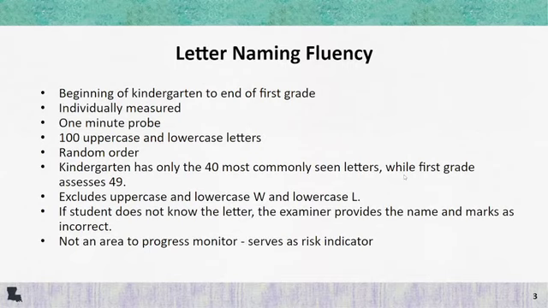Please now refer to pages 53 to 56 of the Administration and Scoring Guide to learn about how to administer and score this measure. These include acceptable prompts, discontinue rules, along with scoring rules.